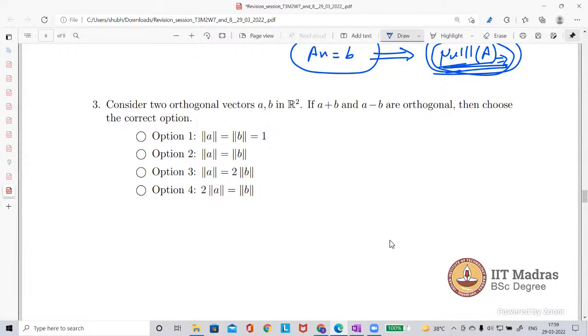Sir, in week 8, do we have to give importance to the Gram-Schmidt process? Yeah, maybe. Gram-Schmidt is a process to find an orthonormal basis when a basis is given. Suppose you have a vector space with an inner product, and suppose a basis e1, e2, e3 is given.